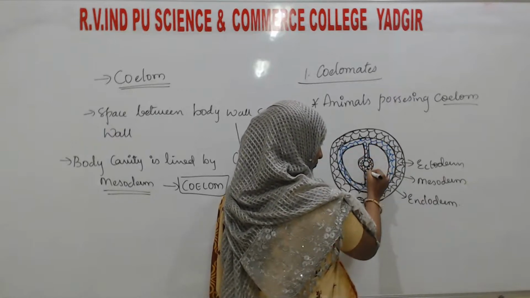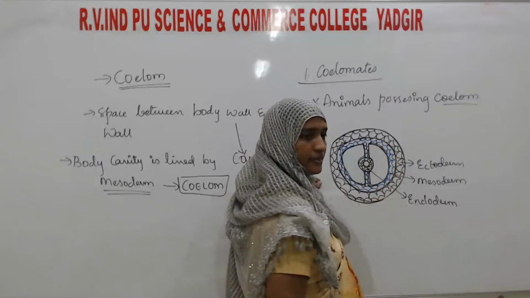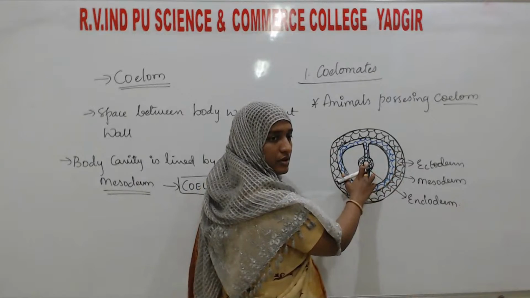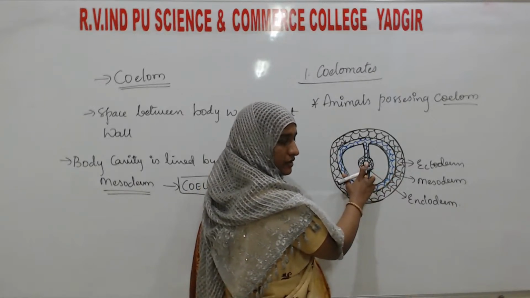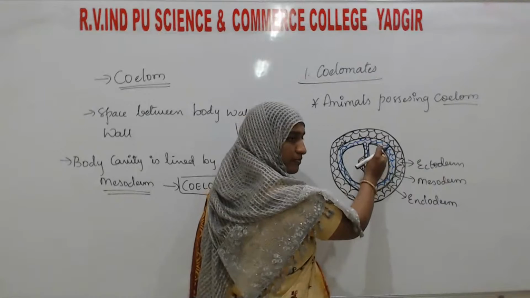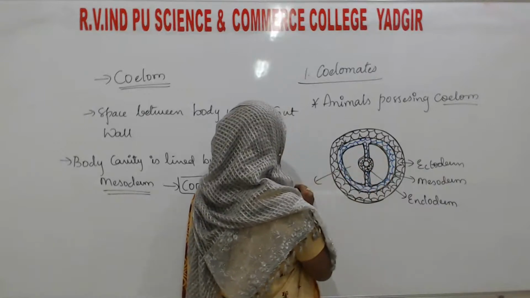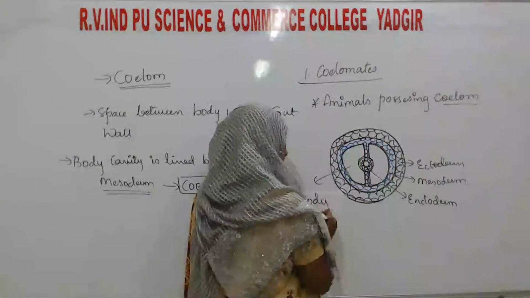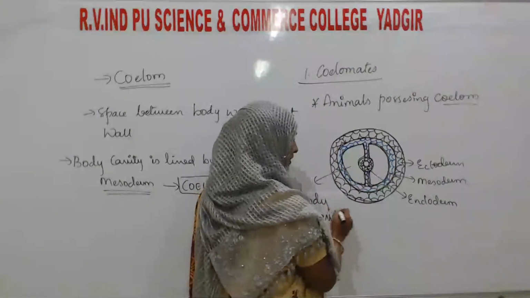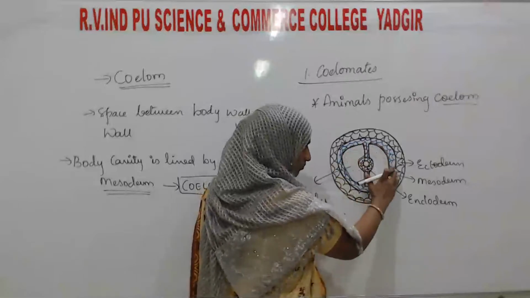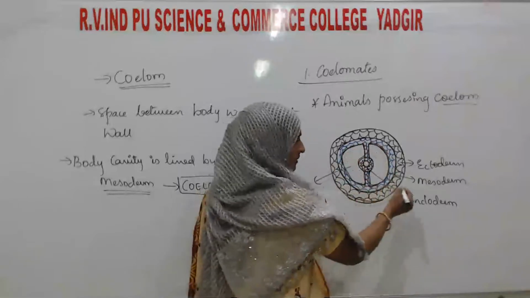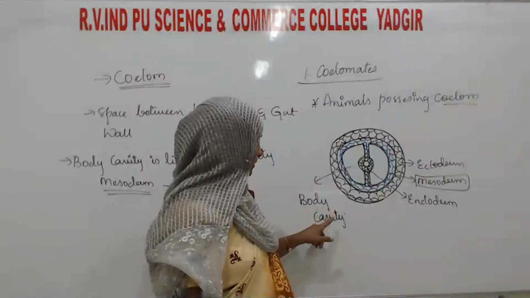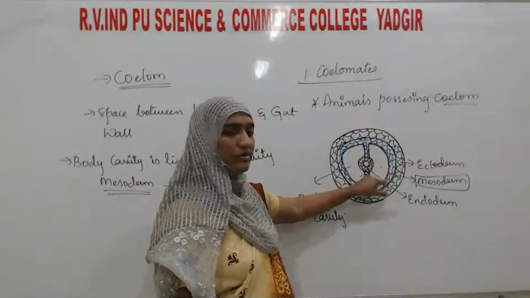This is the lining of the body wall, and here this is the lining of the gut wall. That means whatever space you are seeing here, you can call it the body cavity. In this diagram, the blue colored cells are the mesoderm cells. The body cavity is lined by the mesoderm cells.